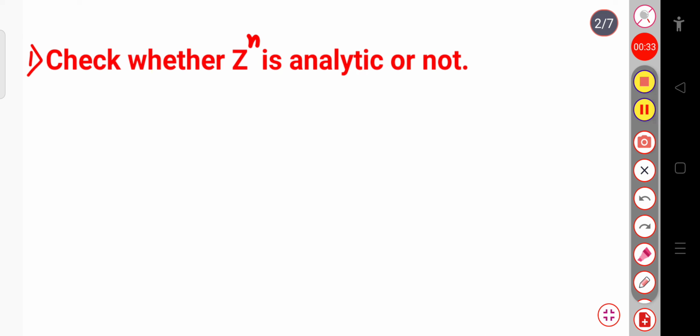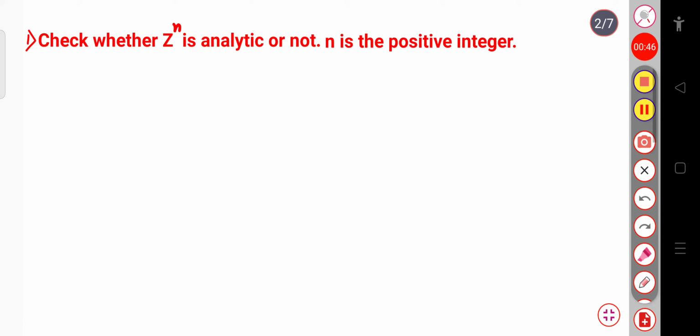So our first question is, we have to check whether z power n is analytic or not, where z is the complex number, and here we have considered n is the positive integer. Now here we will consider the plane polar coordinate system, that is, we will consider z equal to r exponential i theta.